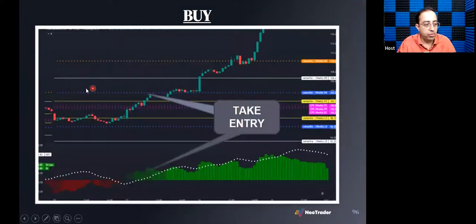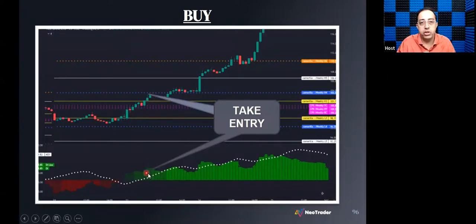So now you have got your H4 levels here. What happens is when the price crosses H4, you should also have a confirmation from the ADX.